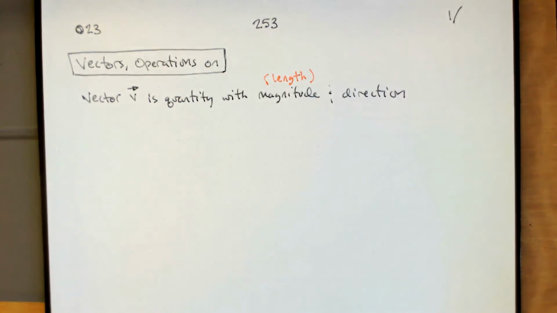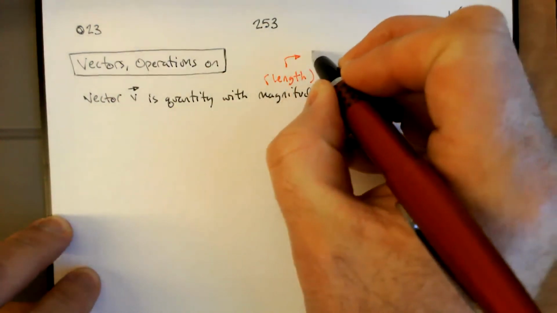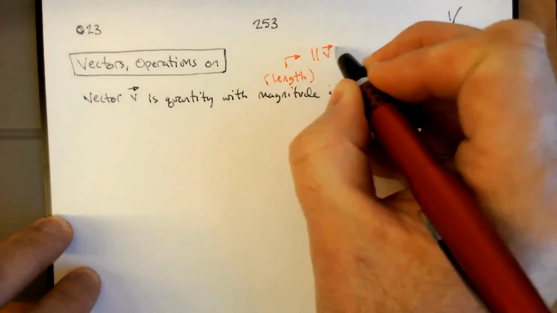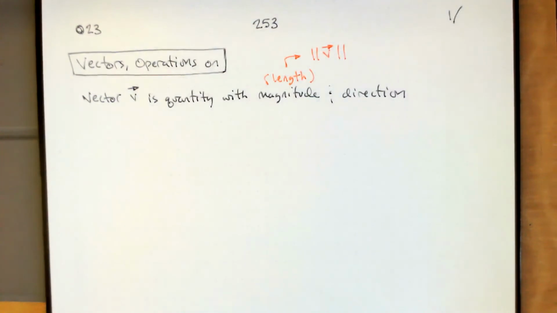We're going to have notation to indicate the magnitude of a vector. And the notation is going to be like absolute value signs, but doubled up. We're going to double up our absolute value signs, and that's going to indicate the length of a vector or the magnitude of the vector. In general, the magnitude of a vector is a norm.